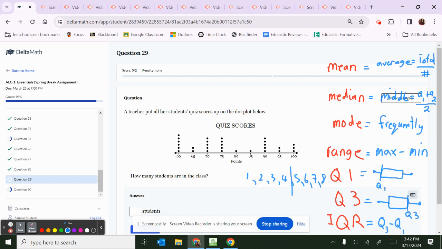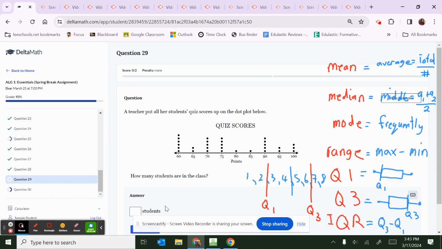Your quartile 1 would be the middle of your first area, right here. And quartile 3 would be the middle of your second area. So that's if you had a set of numbers and did not have a box and whisker plot. That's everything you need to know for all the different types of plots.